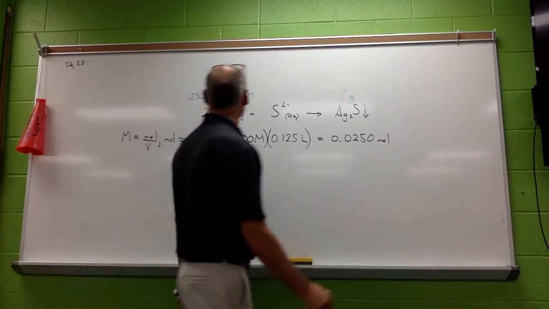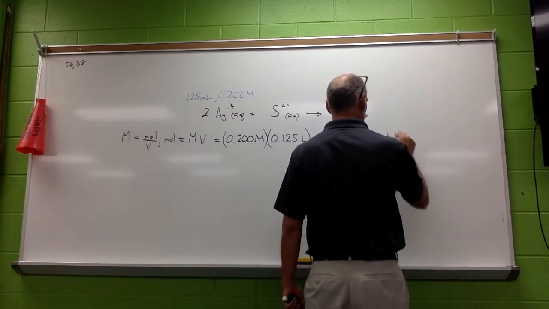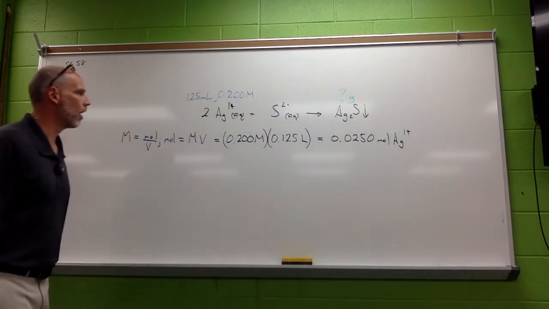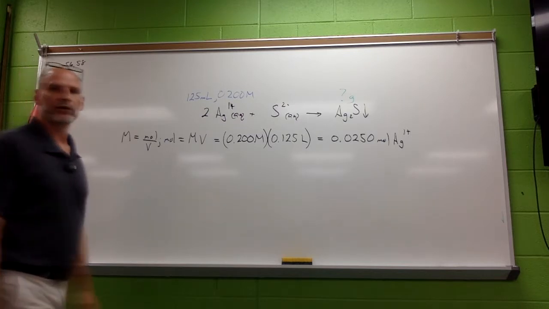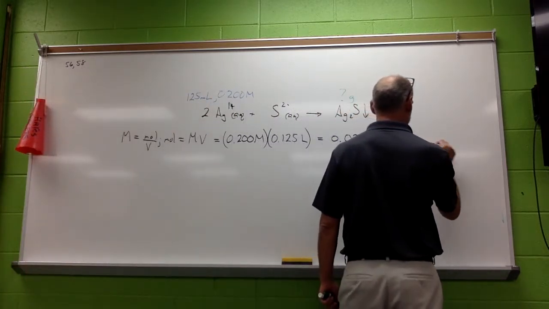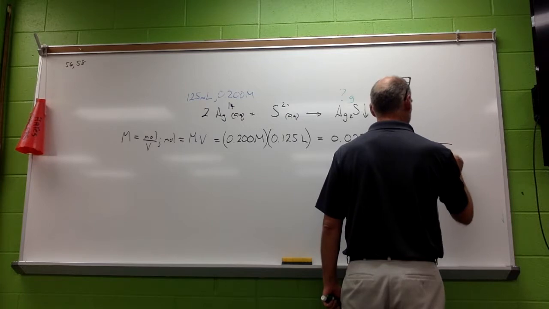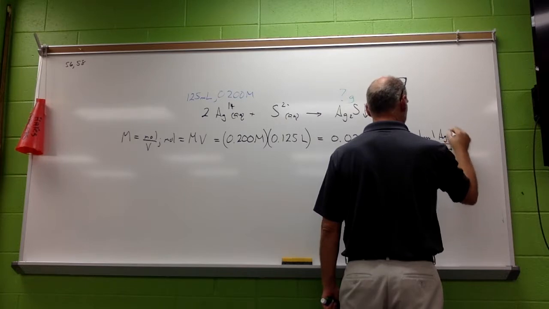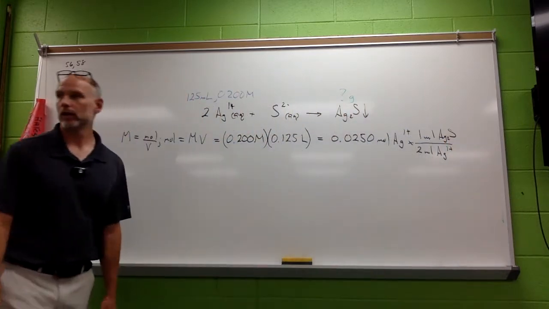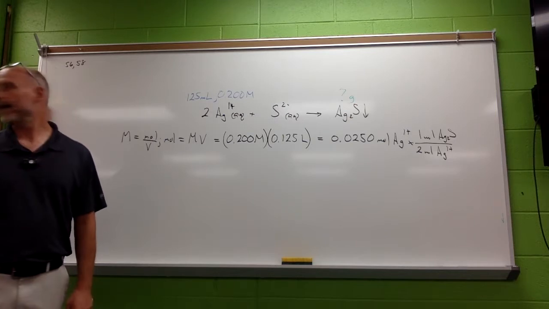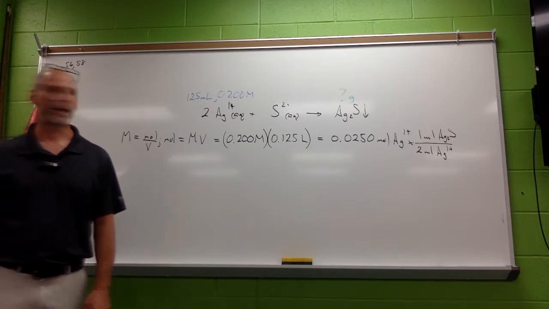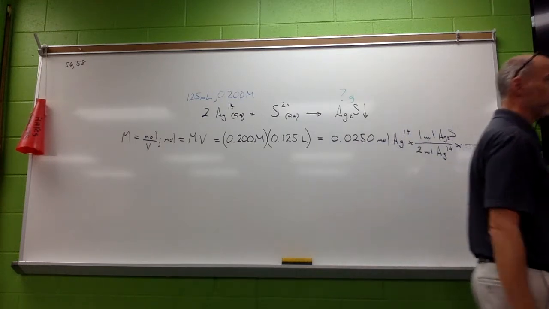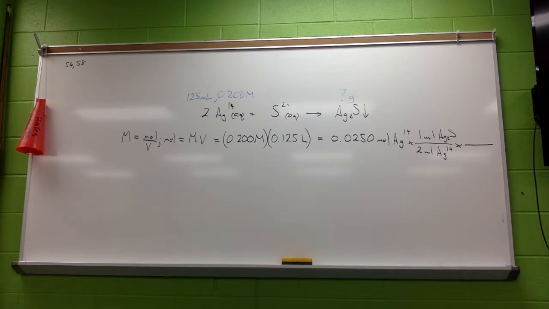I gotcha. And now that's moles of silver nitrate, okay? And what's the stoichiometry? Silver sulfide, okay? That look good? And now we just need the mass of the silver sulfide, which is 107.87 times 2 plus 32.06, whatever that comes out to be. 247.